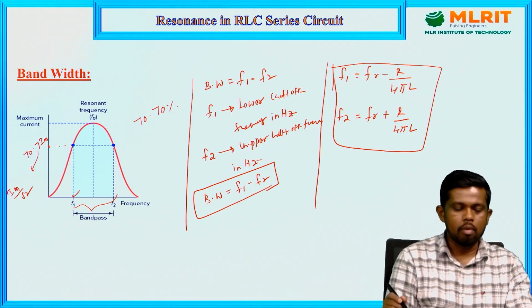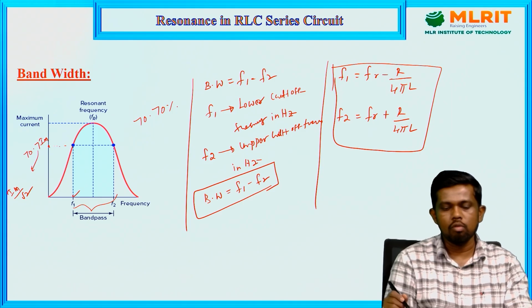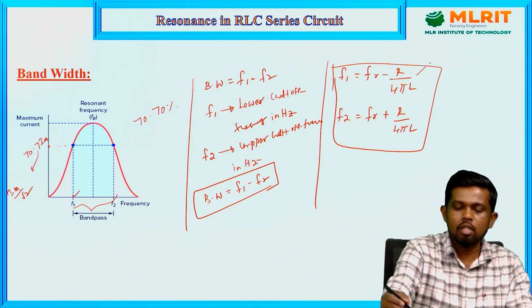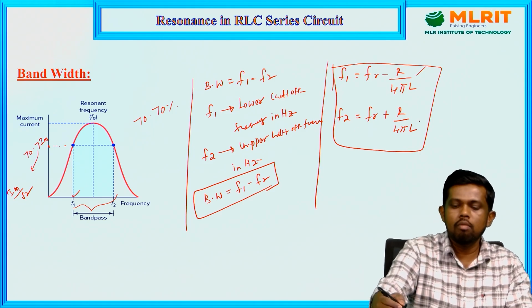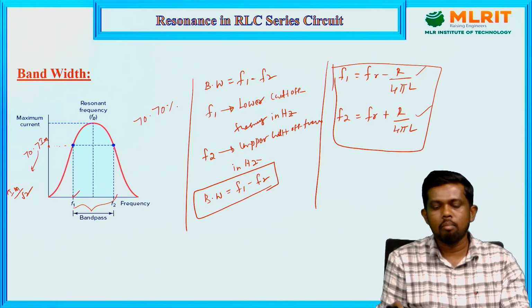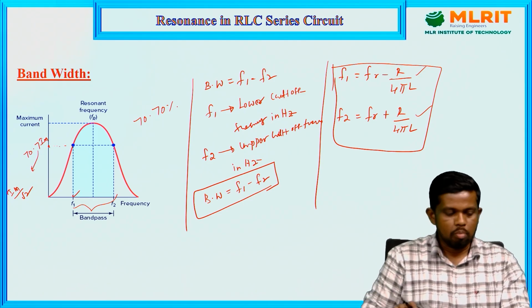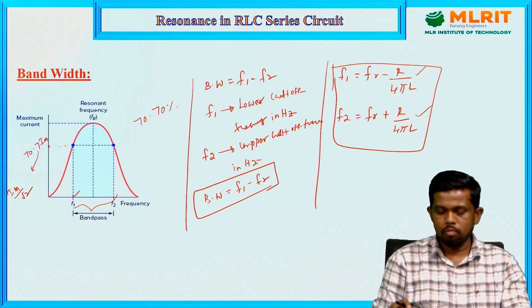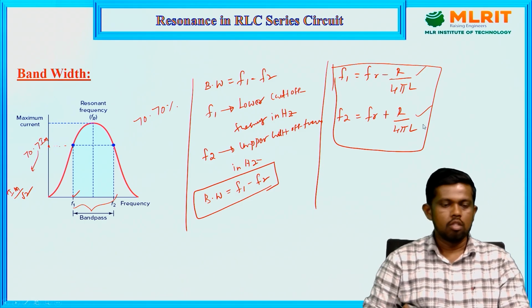Then BW equals the difference of F2 and F1, where F1 we get from this formula and F2 we get from the formula FR, the resonance frequency, plus R upon 4 pi L. Based on this we get the bandwidth of the frequency under the resonance condition. This is the end of the bandwidth.